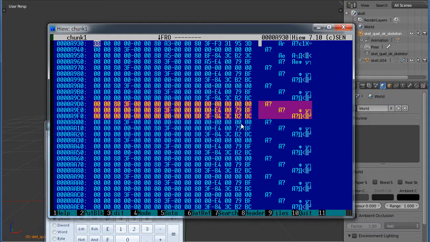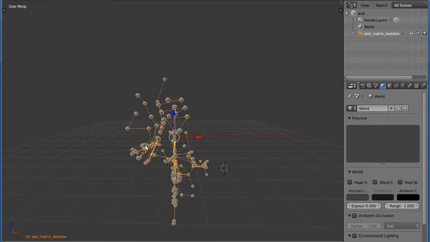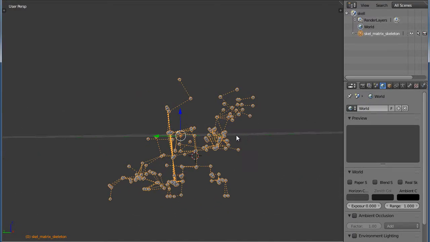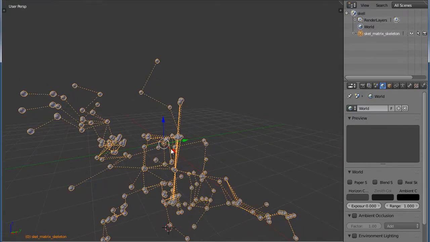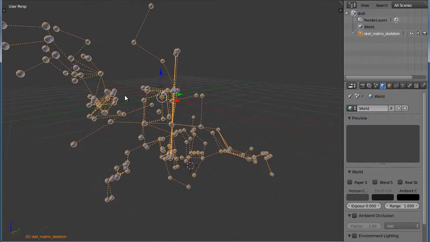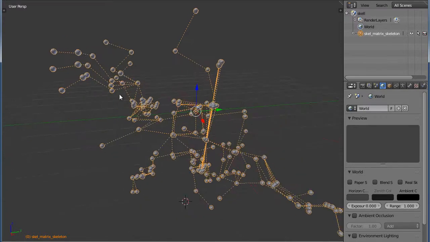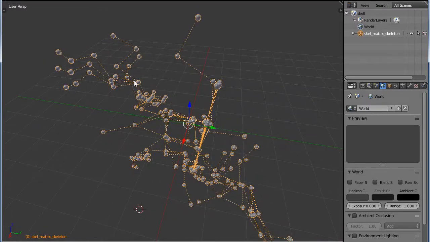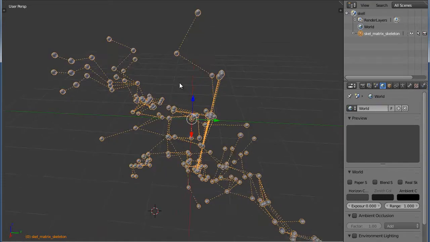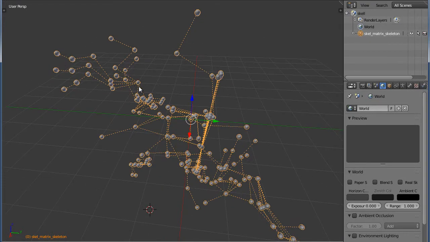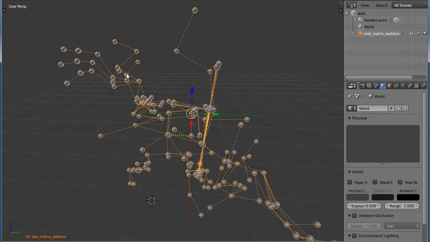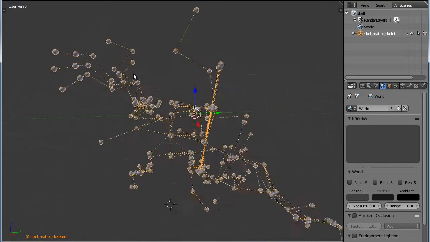Let's try loading it up and check how it looks. Well, it looks like something. Since I already loaded the bone names, we don't actually need them, but when you look at this, it is actually a hand of a skeleton. These are 4 fingers, 5 fingers here.